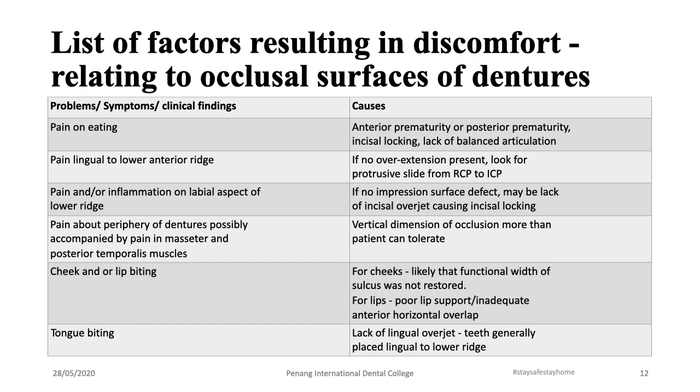Okay, and pain and or inflammation of the labial aspect of the lower ridge. So if there is no impression surface defect, so if there is any sharpness in that area, you might have to trim. If this is not seen, then there may be lack of incisal overjet causing incisal blocking. The reason is that the lower incisors are occluding onto the palatal surface of the upper incisors.